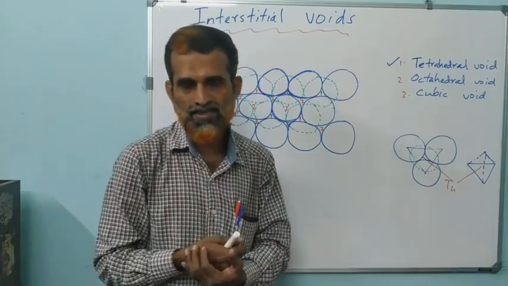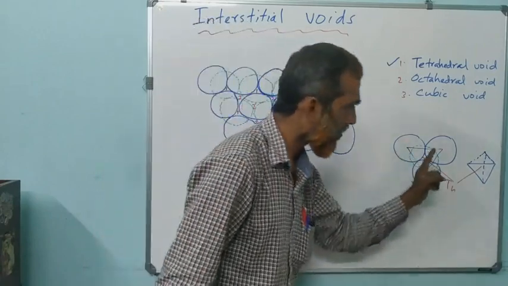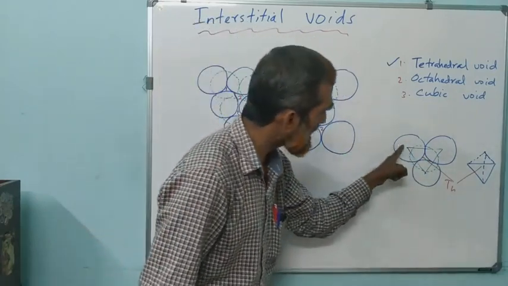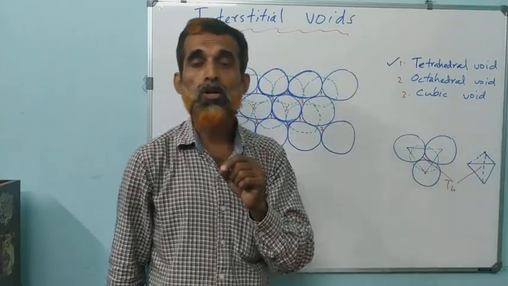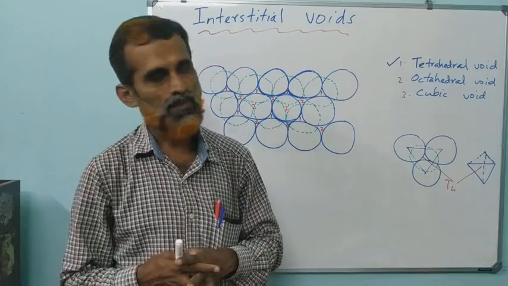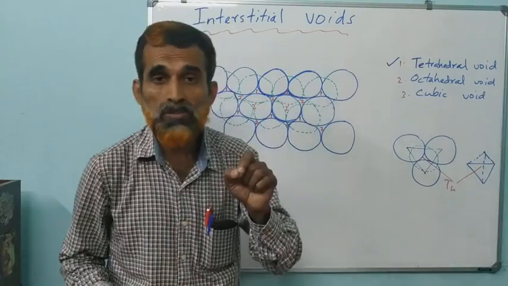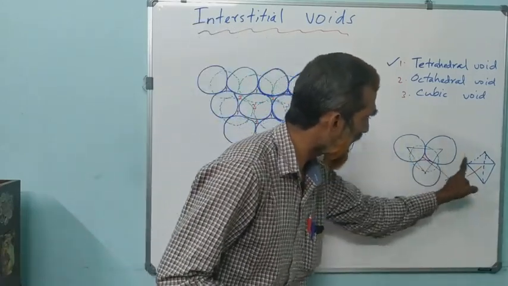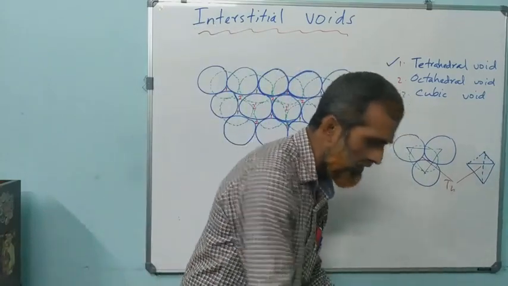So I repeat, a tetrahedral void is the empty space at the center of four touching spheres whose centers lie at the corners of a regular tetrahedron. It's very clear.